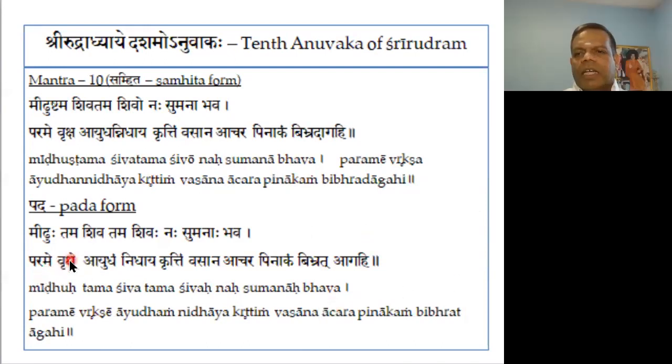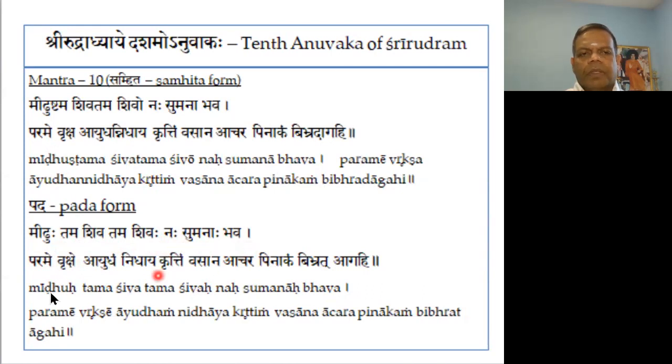So the words are Midhu, tama. There's a Sandhi, but it's an internal word Sandhi. Within the word there's a Sandhi. Shiva tama also has a Sandhi, because the Visarga is dropped. Shivah has become Shivo, because the Visarga turns into o because of Sandhi.